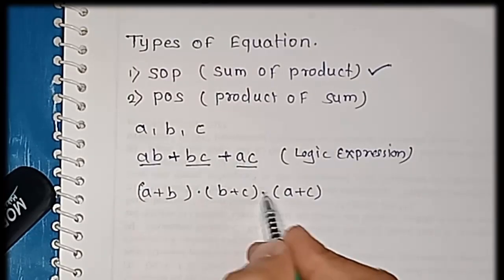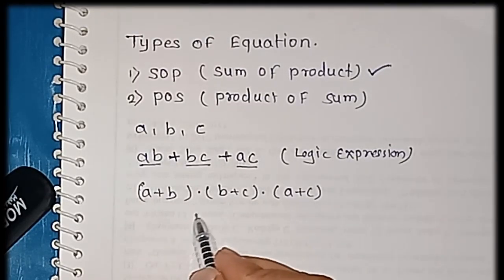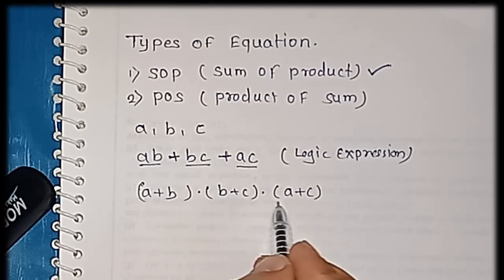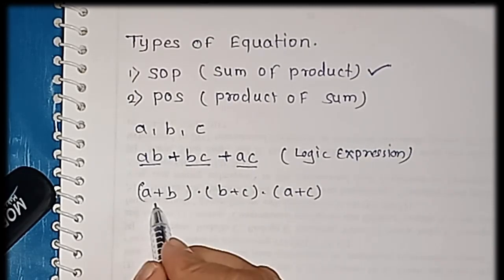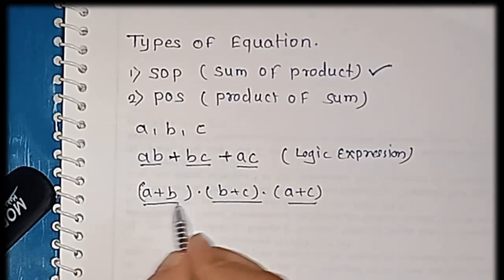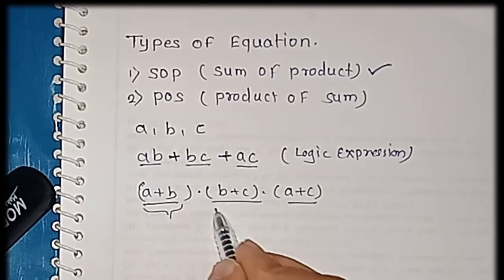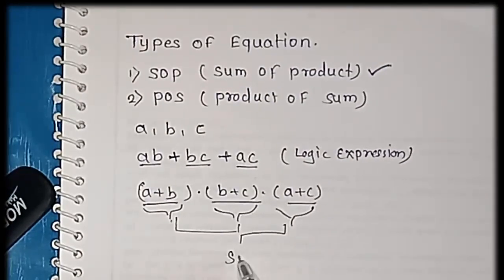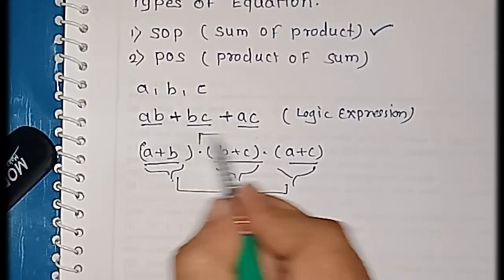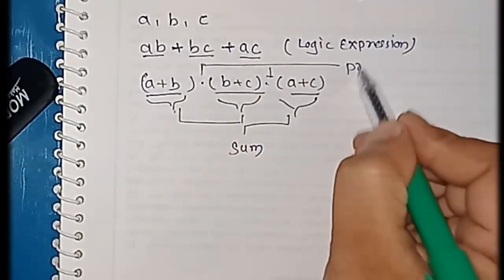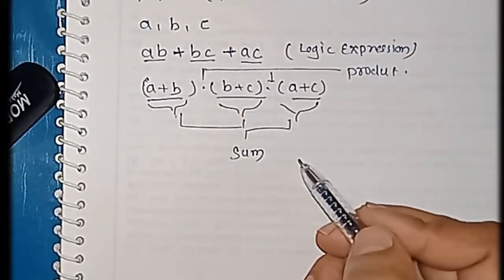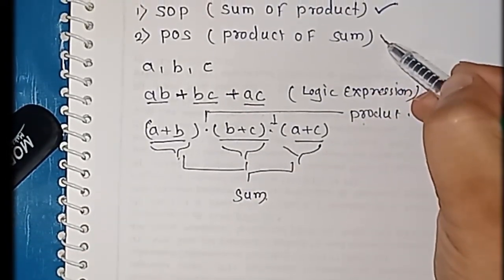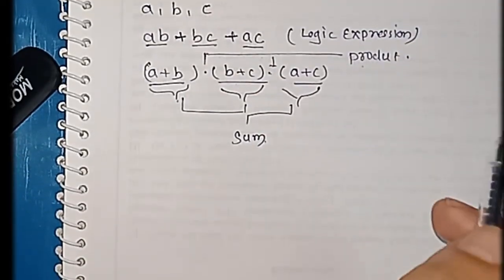This equation is in the form of product of sum. Here we have taken the product of the sum terms. All these are sum terms, and here we have taken the product. So this is the second type, product of sum.